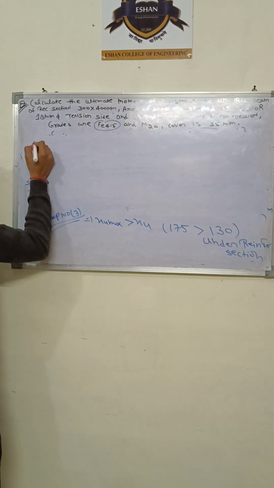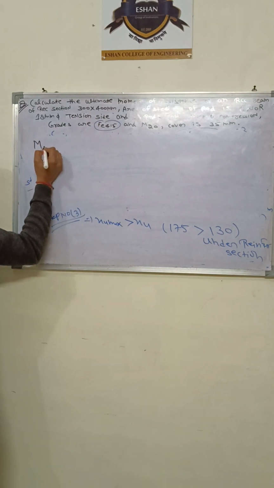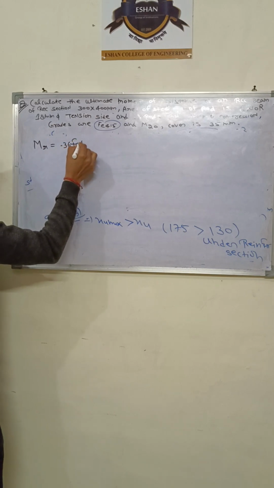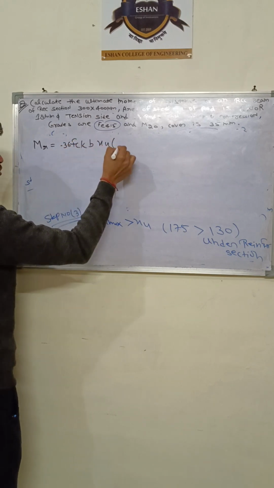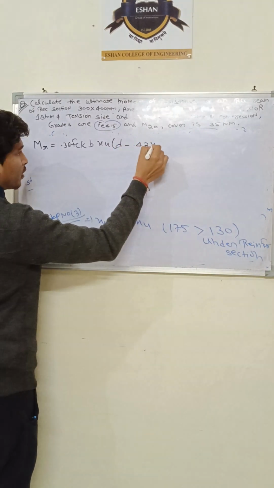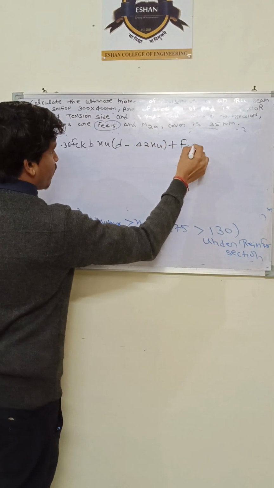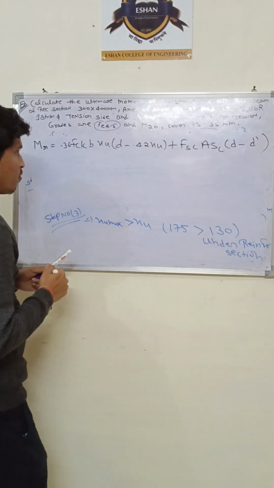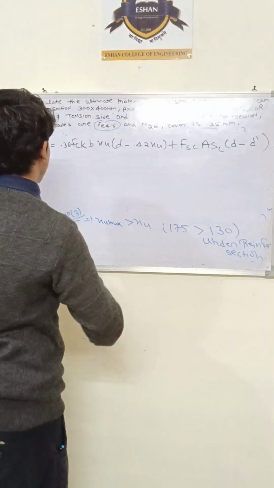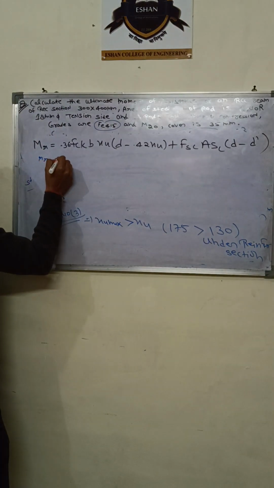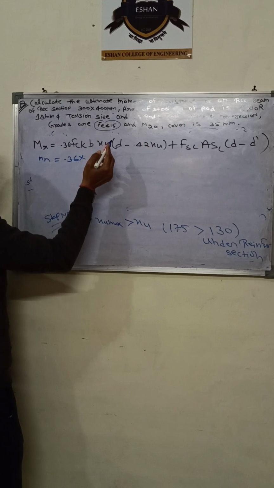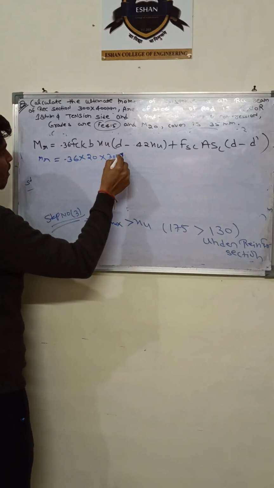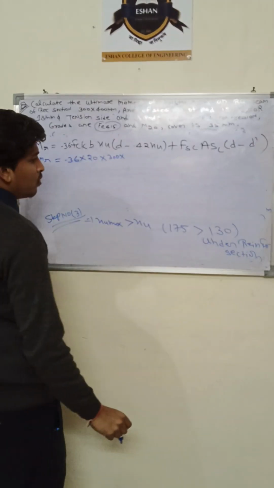The ultimate moment of resistance is denoted by capital M suffix R. Its formula is 0.36 fck b Xu into (d minus 0.42 Xu) plus fsc Asc (d minus d dash). So MR equal to 0.36, fck the grade of concrete which is 20, and b the width of the beam which is 300 mm, and Xu value is 130.